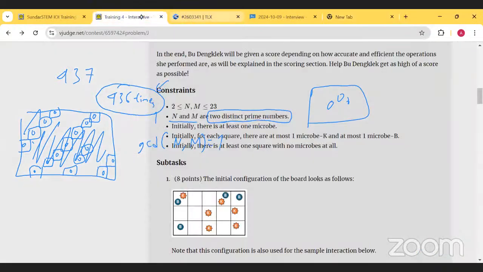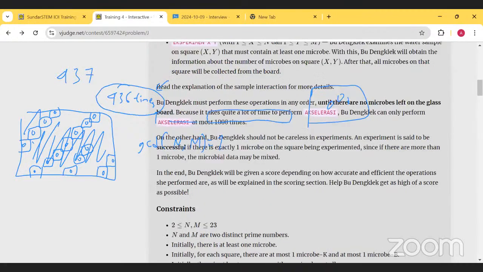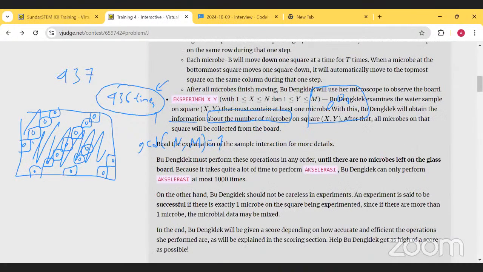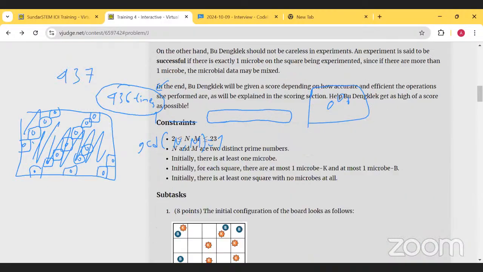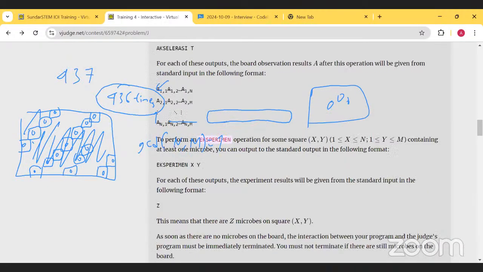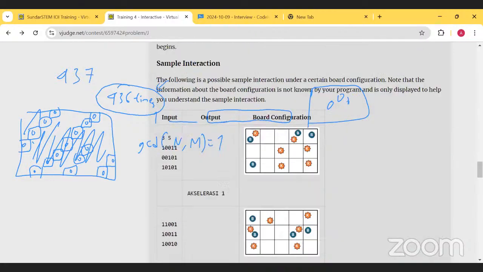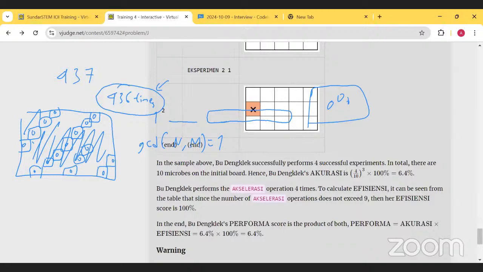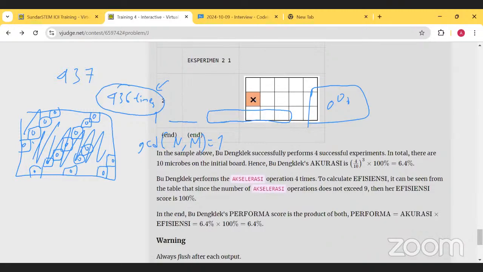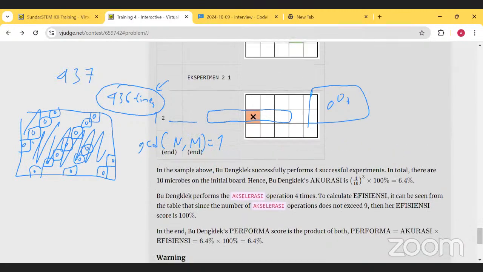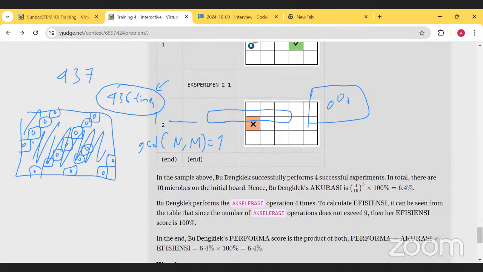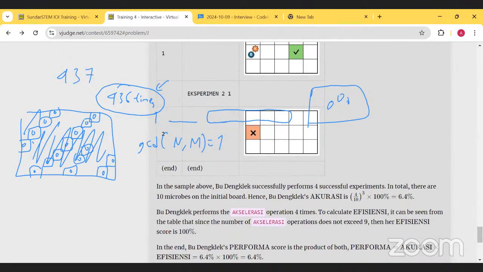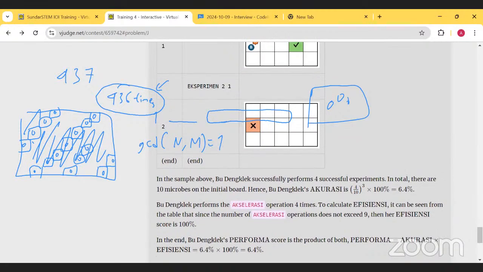And the maximum number of accelerations is actually 1,000 times, but if we want to get full score, we should not do more than 9. Okay. Any idea how to improve it into only 9 accelerations?